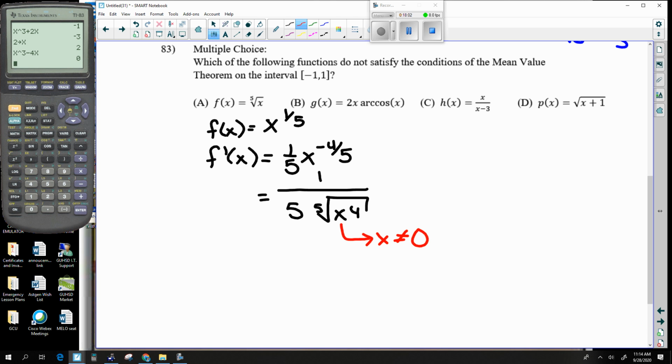This is not differentiable on -1 to 1 right here. This is not differentiable on -1 to 1.